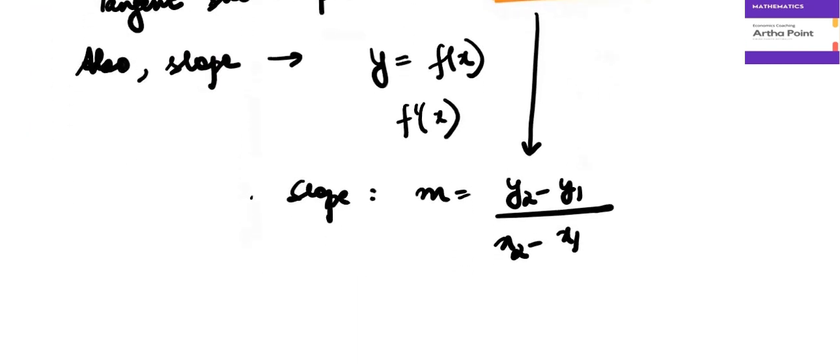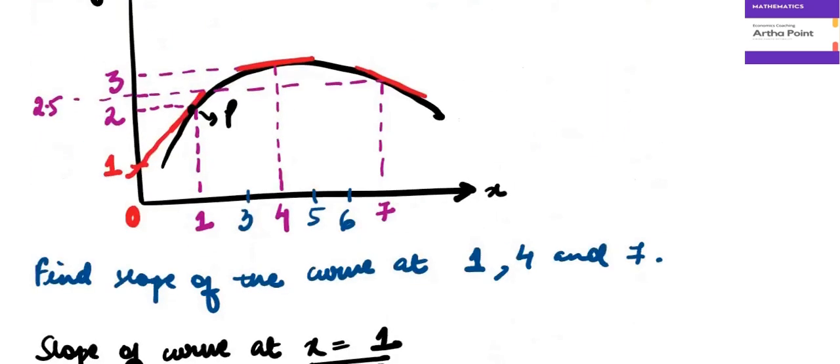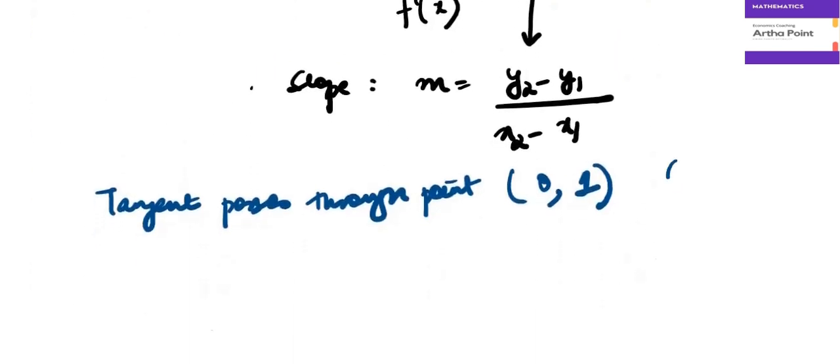Because now I have told you that the tangent passes through the point 0, 1. And I know that the tangent is also passing through the point 1, 2. That's the point at which I have to find the slope.